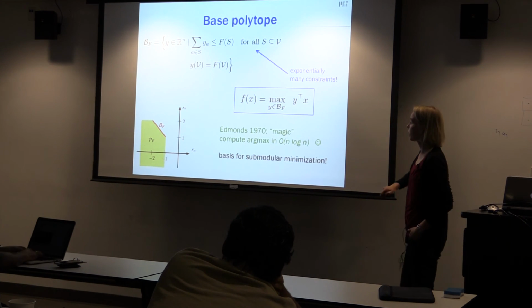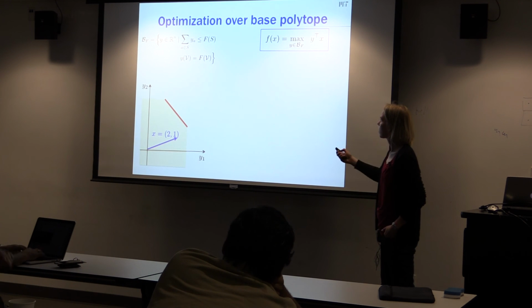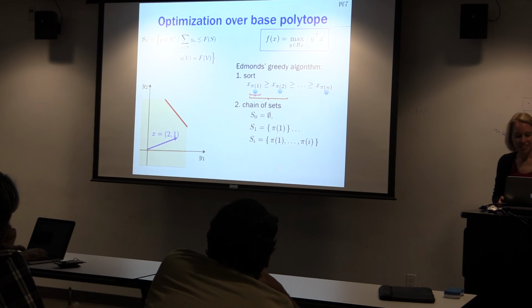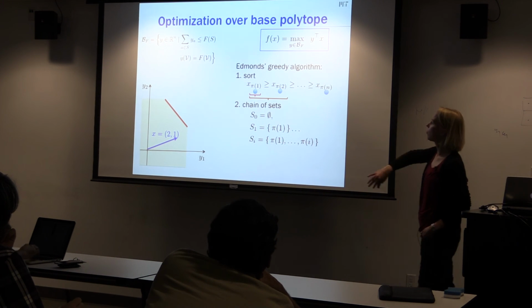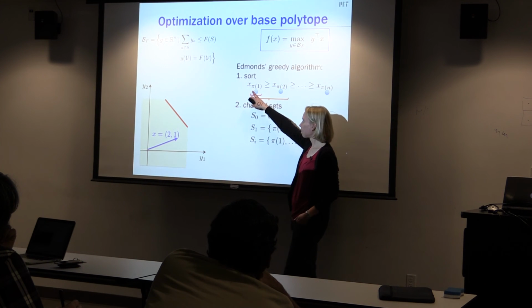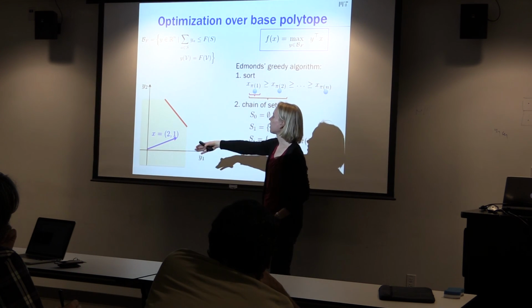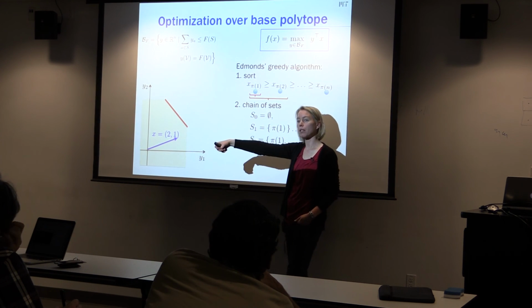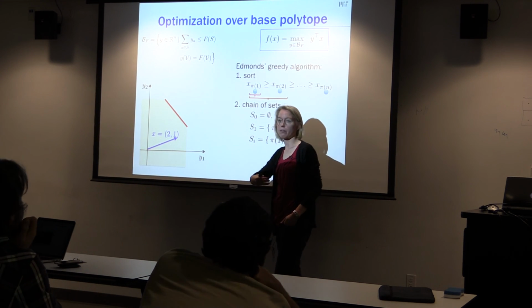In the interest of time, I'm going to go a bit quickly here. Essentially you sort your vector x, and now if you think about it, you want to maximize this dot product. So you want y to be large wherever x is large, and y can be small when x is small.